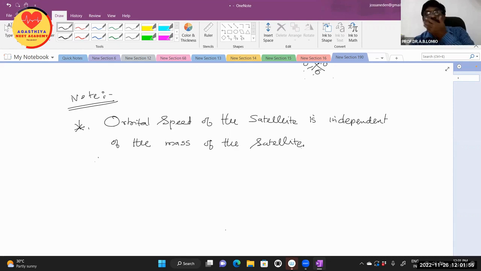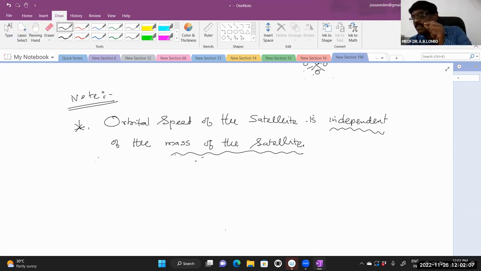The orbital speed of the satellite does not depend upon the mass of the satellite, but it depends upon the mass of the Earth and the radius of the Earth.